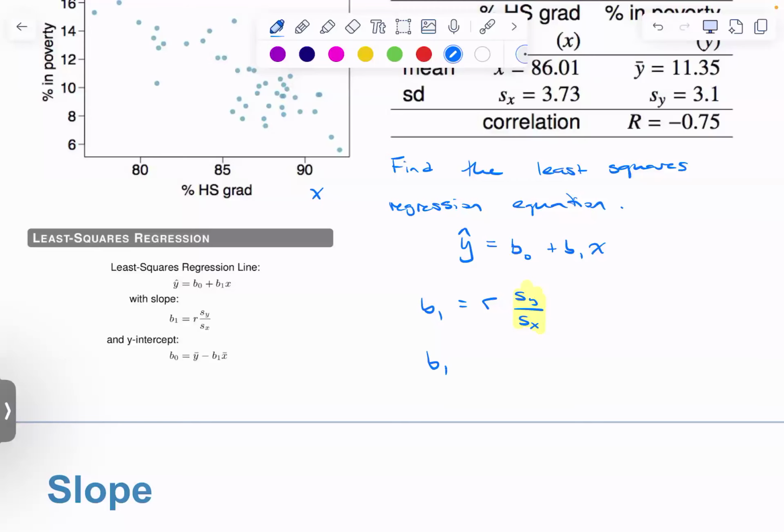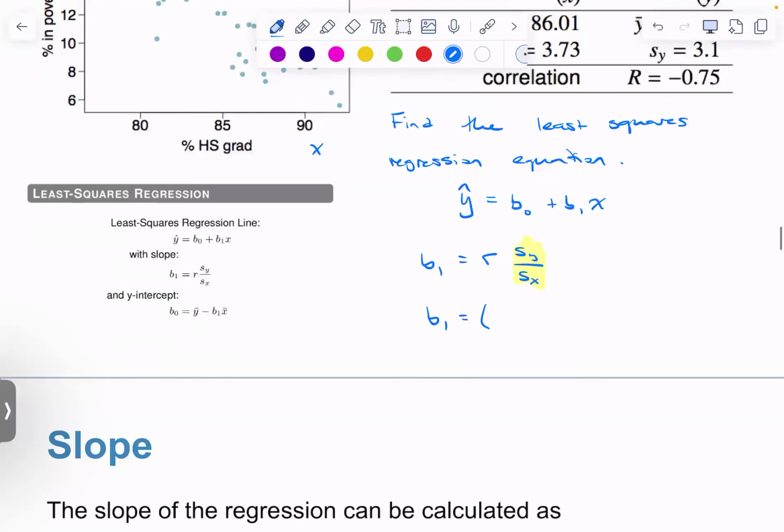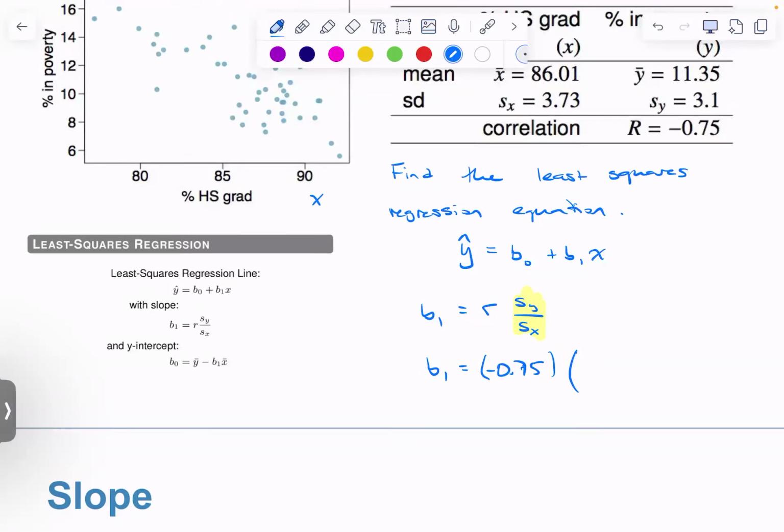But from here, I'd say you're on easy street. Negative 0.75 times, as long as you've picked out the right value for y and the right value for x, sorry, I get 3.1 over 3.73.